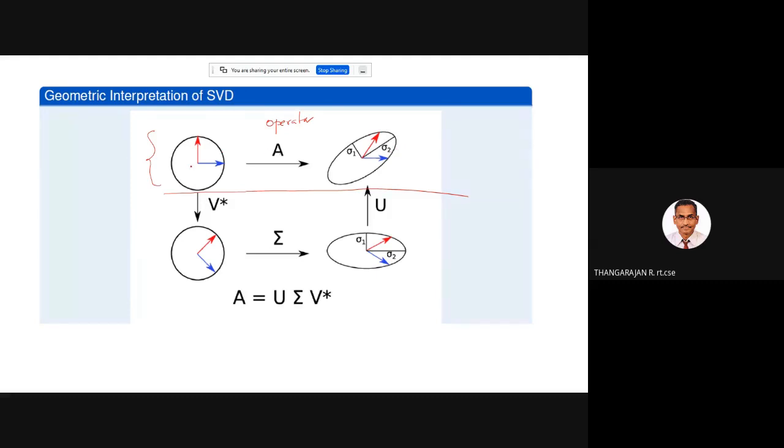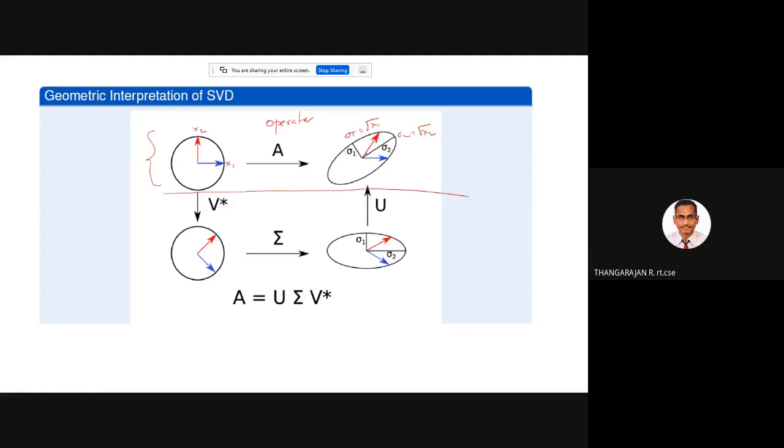See, this vector has two perpendicular bases, which I can call x1, x2. But when it comes here, the basis itself has changed to sigma 1, sigma 2, where sigma 1 is the square root of lambda 1, and sigma 2 is the square root of lambda 2, the singular values.